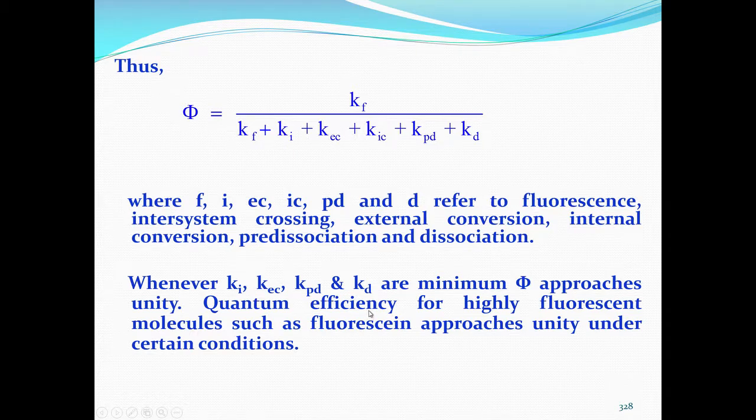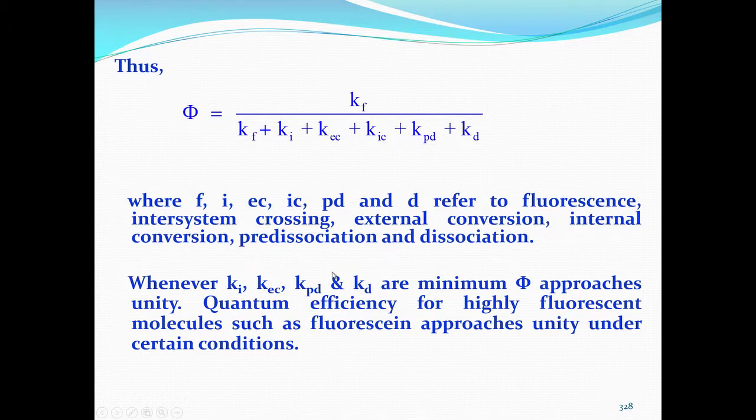So, if fluorescein approaches unity, then what we mean is, you take a compound like fluorescein and use it as a standard to compare other fluorescing systems. That is the beauty of fluorescein, because it approaches unity. That means the intersystem crossing is less, external conversion is less, internal conversion is less, pre-dissociation is less, dissociation is less. So, why not take it as a standard for fluorescence.